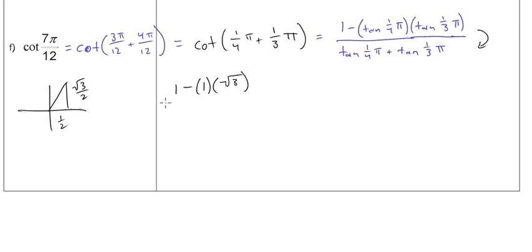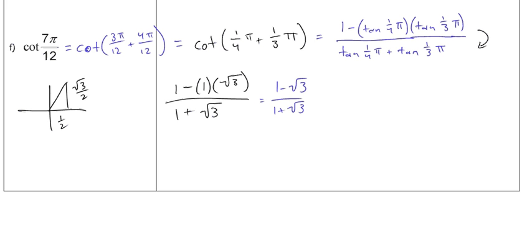So that's our numerator. Our denominator, tangent of 1/4 is 1, plus tangent of 1/3 pi, which is the square root of 3. Cleaning that up, we've got 1 minus the square root of 3 over 1 plus the square root of 3.